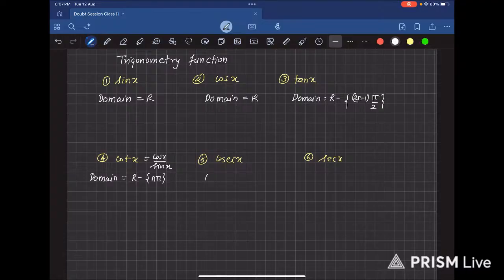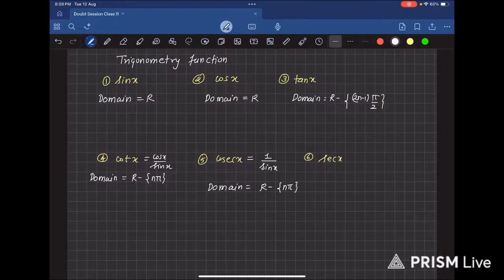What will the domain be for cosec x? Cosec x is 1 upon sin x, and sin x is 0 if x is equal to n pi. So I will remove this also. The domain will be all real numbers minus n pi.